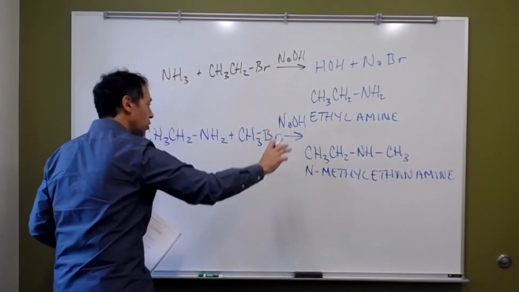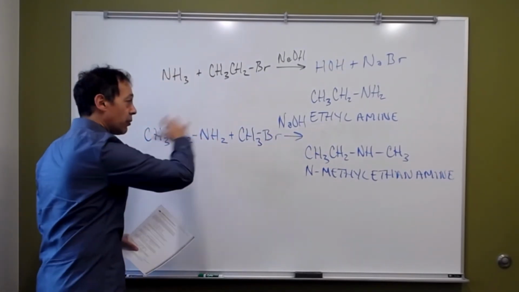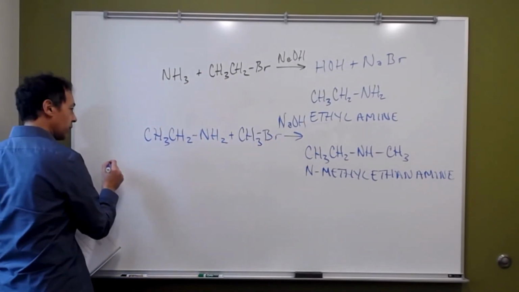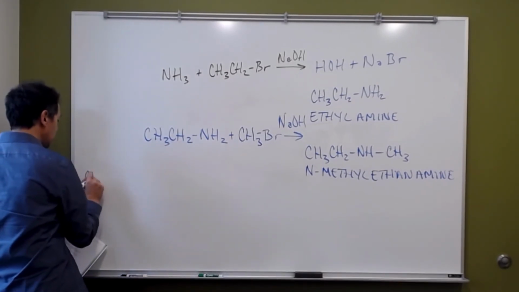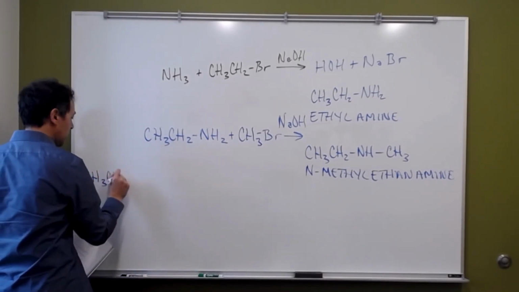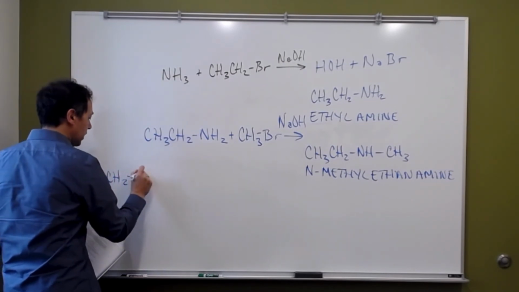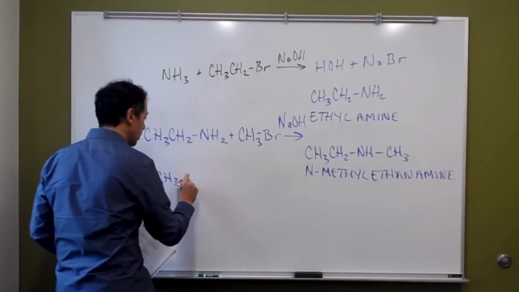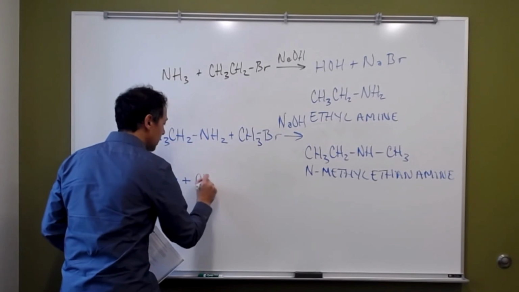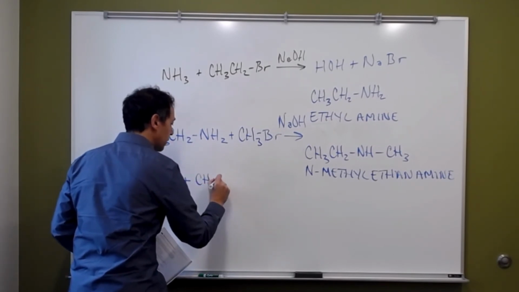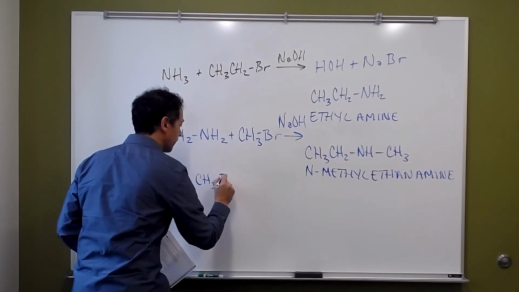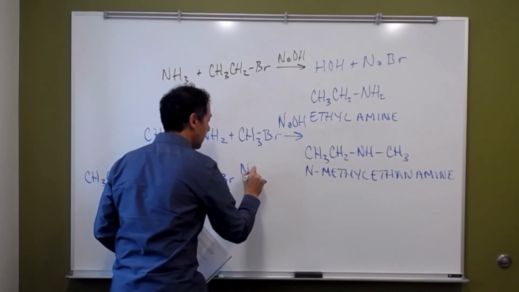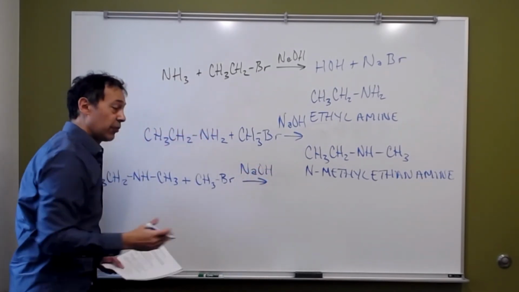And we can take that molecule and we can turn it into a tertiary amine by running it through the same reaction again. So I'm just going to take that molecule, I'm going to bring it over here, give myself a little more space this time here. We'll go CH3CH2NH, and then we're going to react that then with CH3Br, like this, and same conditions, NaOH, and same thing's going to happen.